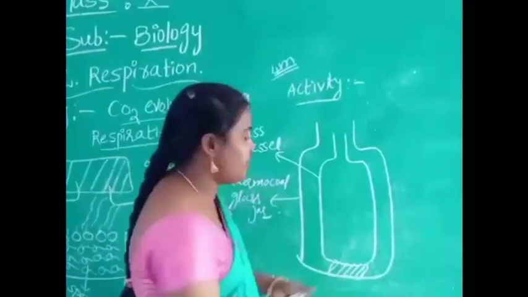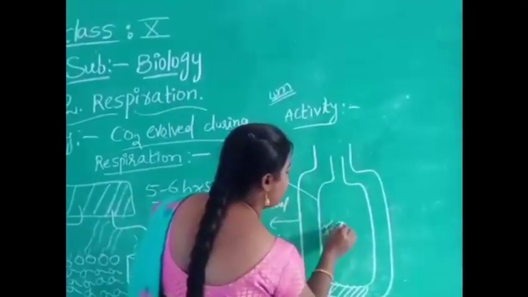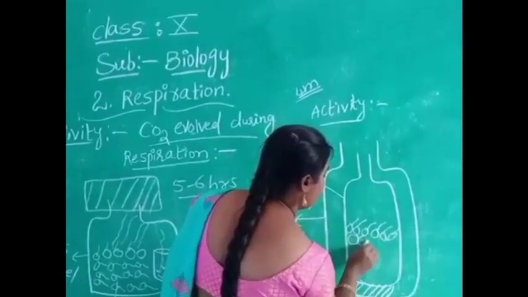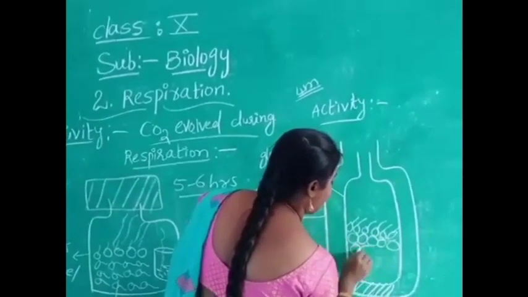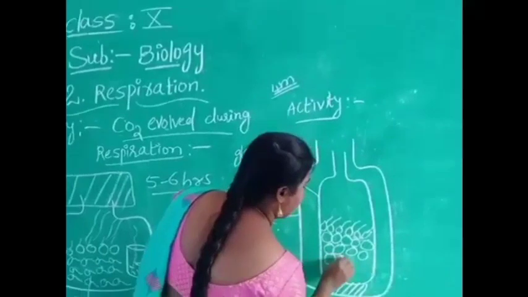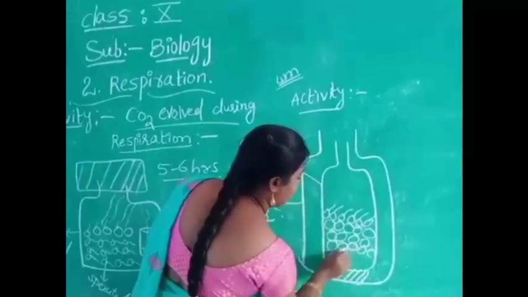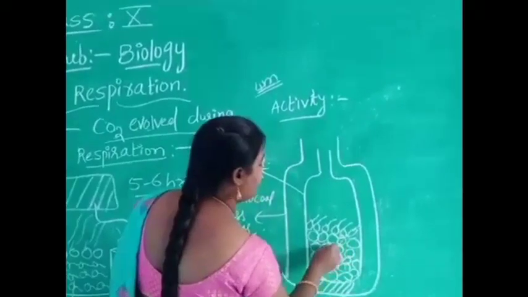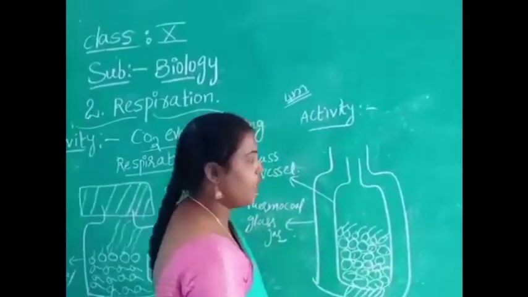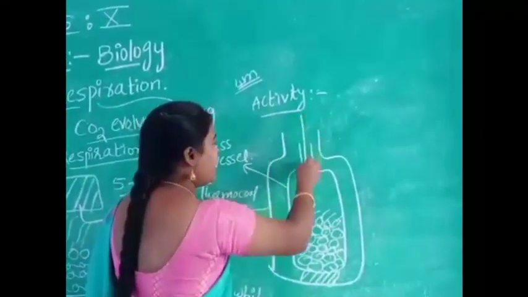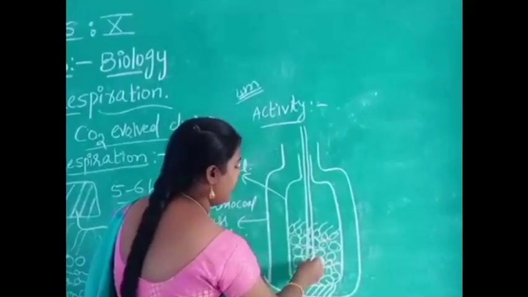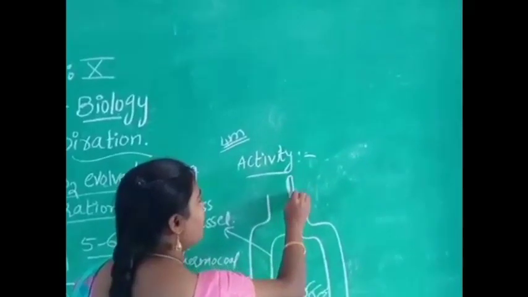Okay, in the glass vessel you take sprouted seeds. Now insert one thermometer.